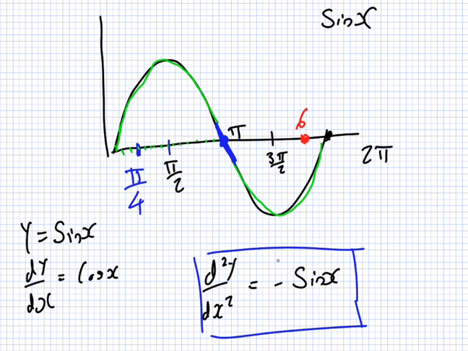So that 0 second derivative has a meaning as well. If the second derivative is 0, it means the graph is switching between being a concave graph and being a convex graph. It's like it's switching between the two shapes. That's the meaning of the 0 for the second derivative.